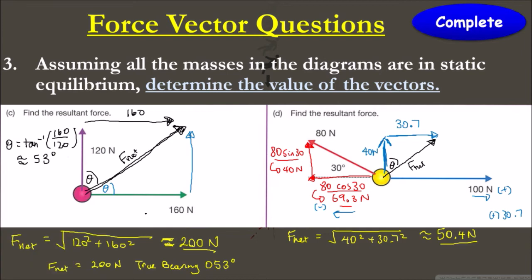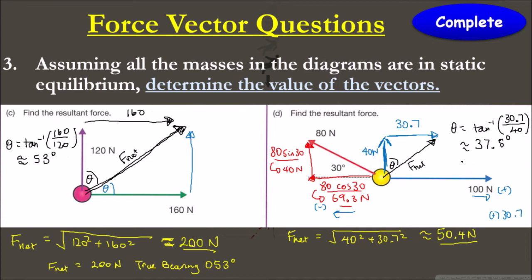Okay. Next thing we need to find is the angle. So again, we're using tan inverse. We have the opposite side, which is 30.7, and then we have the adjacent side, which is 40. Okay, so put it in my calculator. So it'd be 30.7 over 40, and I get an angle of approximately 37.5 degrees.